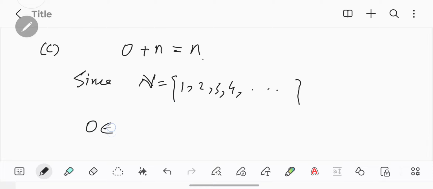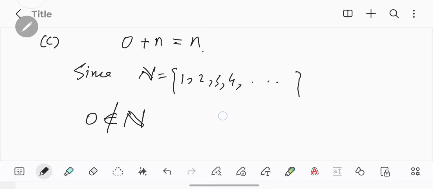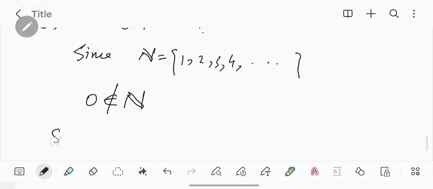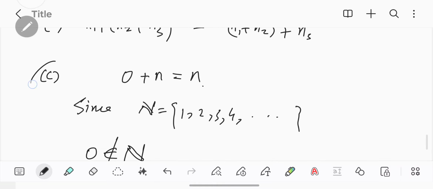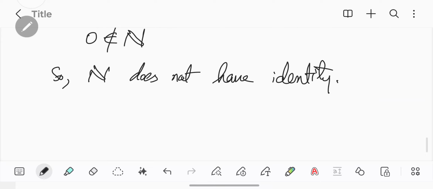That means 0 is not inside the set of natural numbers. So N has no identity, because the additive identity was 0 and 0 is not in the set of natural numbers. That means this property is not satisfied. Therefore, N is not a group.